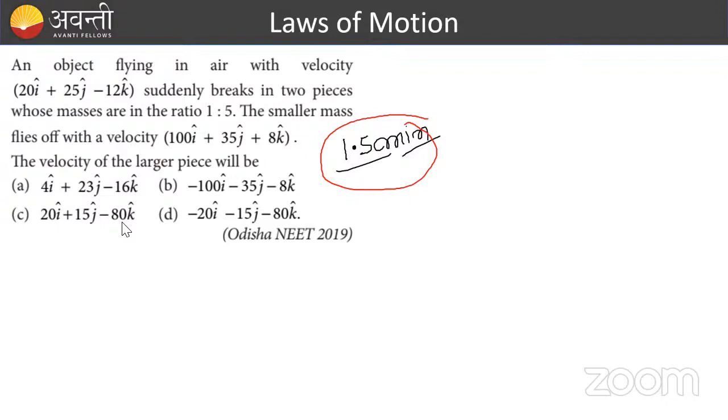I hope it is easier for you to solve. You just need to conserve momentum, right?